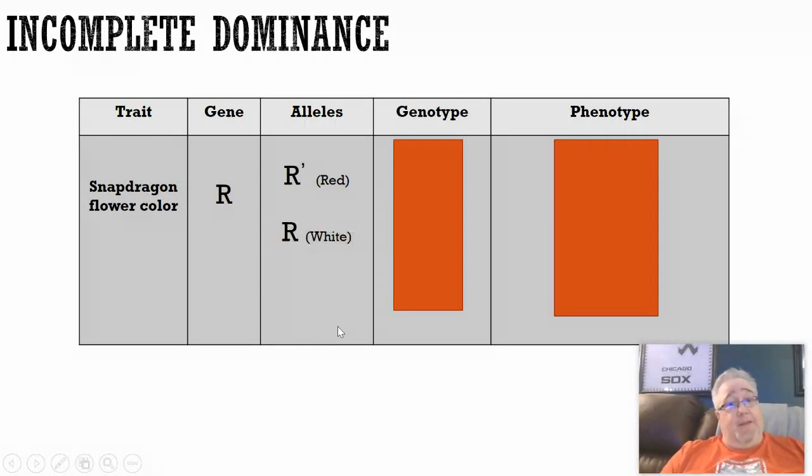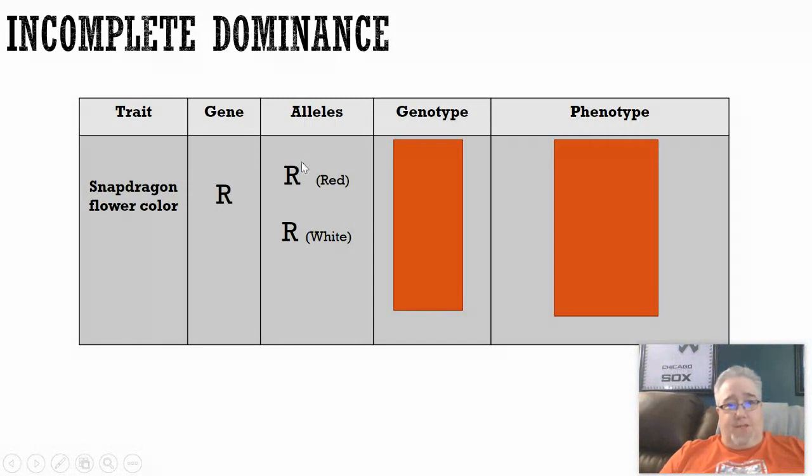But with incomplete dominance, neither allele dominates the other one, so there isn't a recessive allele. Instead of writing a capital letter and a lowercase letter, we're going to use the prime symbol, which looks like an apostrophe.